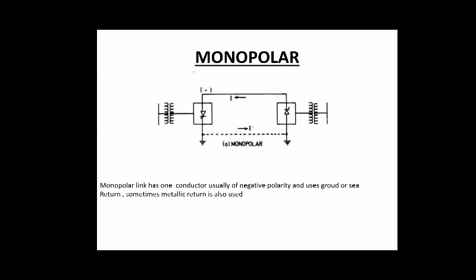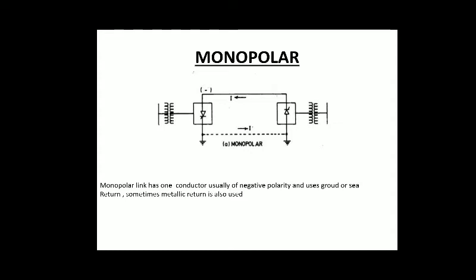Okay, so monopolar link, as said below, has one conductor, usually of negative polarity, and uses ground or sea return. Sometimes metallic return is also used. What is ground return?